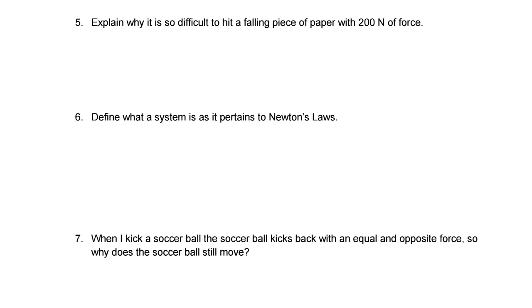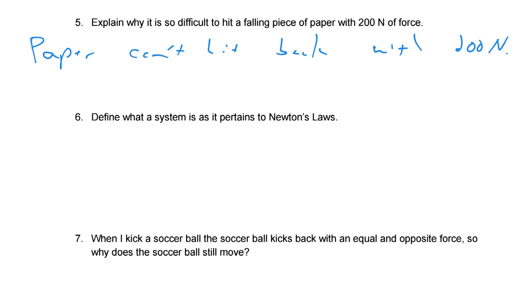All right. So explain why it is so difficult to hit a falling piece of paper with 200 newtons of force. Well, the paper can't hit back with 200 newtons of force. Remember, force is equal to mass times acceleration.